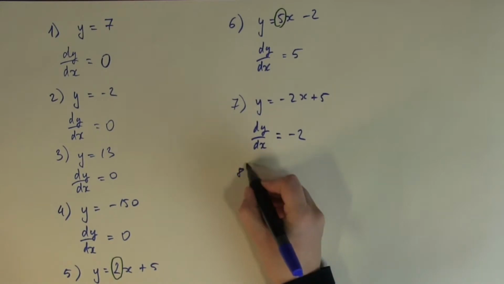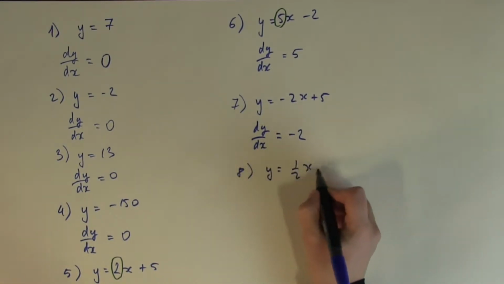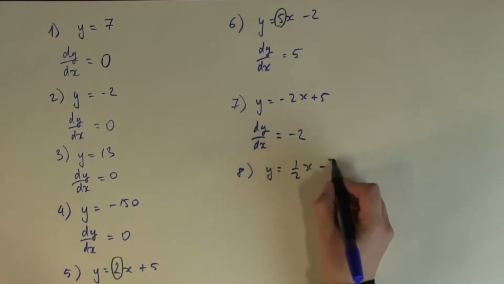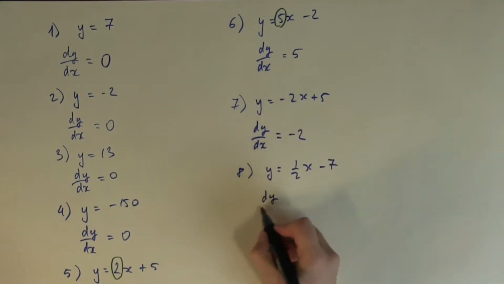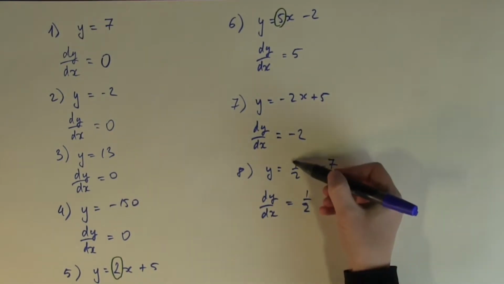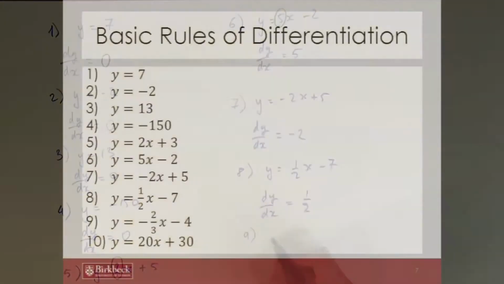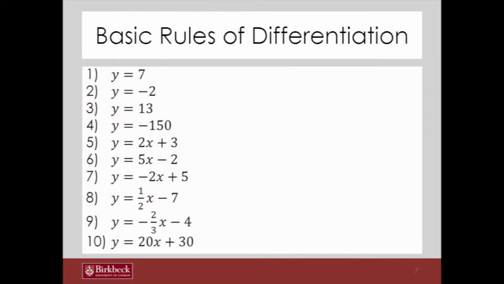x. Number 8. Y equals a half x minus 7. So the derivative equals a half because that is the coefficient in front of x. Number 9. Minus 2/3 of x minus 4.